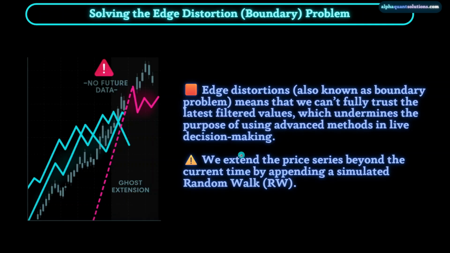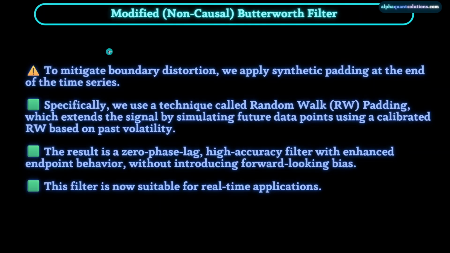So what we propose to do is to extend the original unfiltered signal beyond the current time by appending a simulated random walk. So we will extend the data, and this will help the filter. Also, instead of it guessing what happens in the future, it will use this random walk data to filter also the most recent data points that we have.